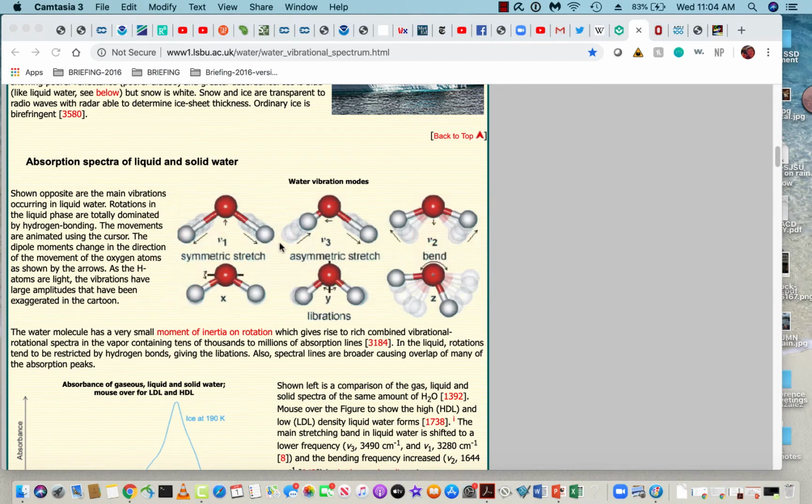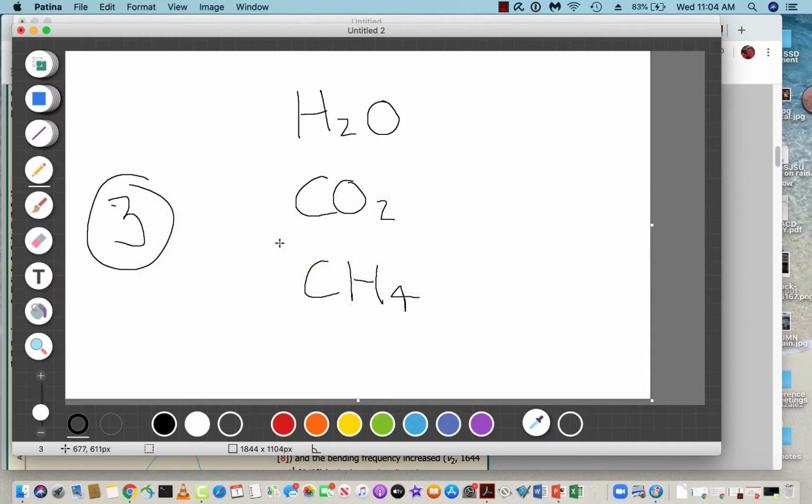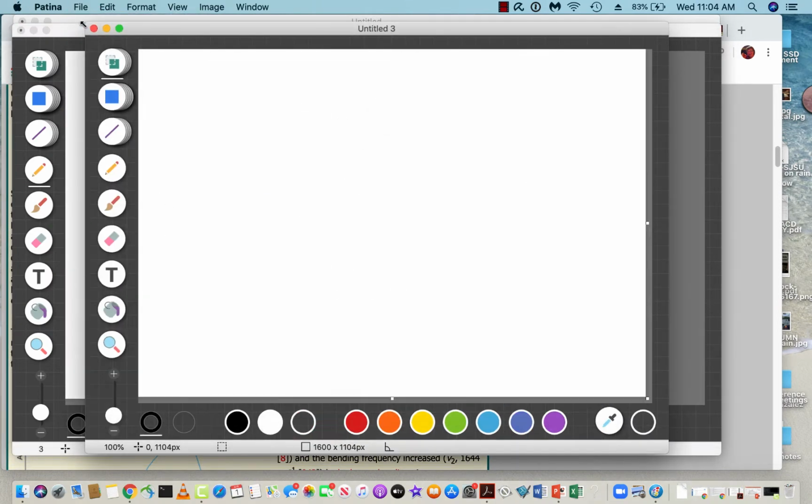So if we go back to my drawing pad here, and just open up a new drawing pad, then what you're going to get is an absorption spectrum looking something like this with, let's see if I can make the lines a bit fatter, with lines representing the absorption by a given species at a different wave number.